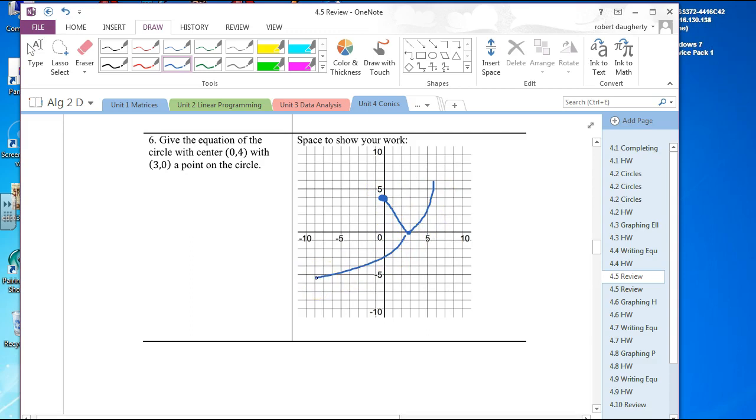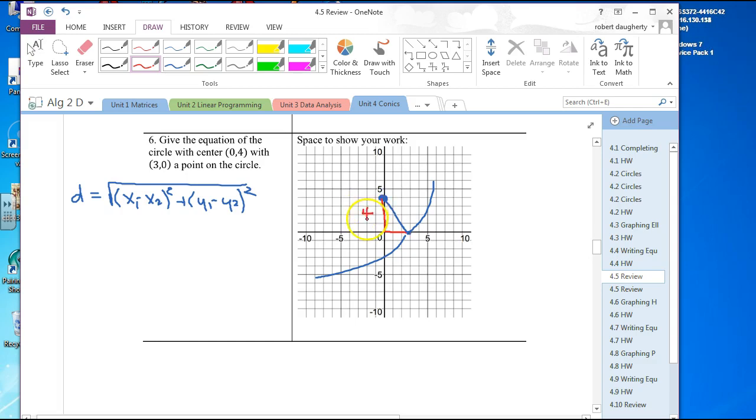Now, what I can do, I can use the distance formula, okay? So remember our distance formula is the square root of, x1 minus x2, we've got 2 points, plus y1 minus y2. So I can use the distance formula, or I can just look and say this is a triangle. So what is the distance, the vertical distance?